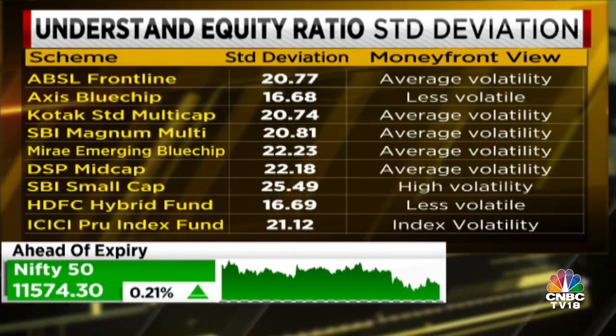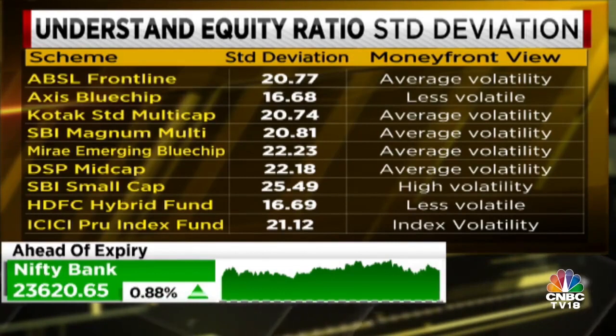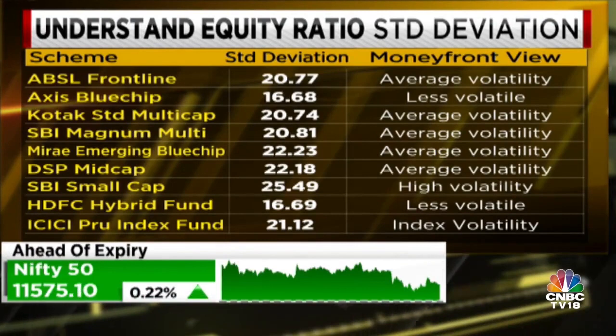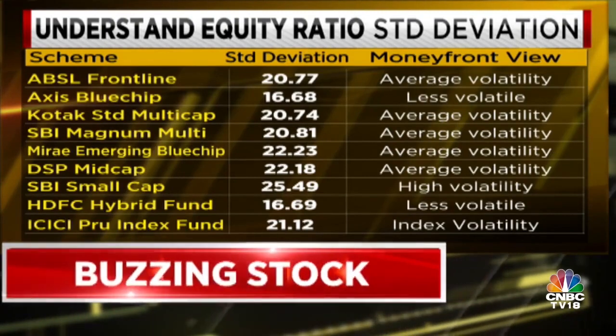Standard deviation will tell you the volatility, as to how much the returns of the fund can move in a particular range. So that's how you track standard deviation. You can answer more mathematically when an investor asks what kind of downfall I can see in the fund.